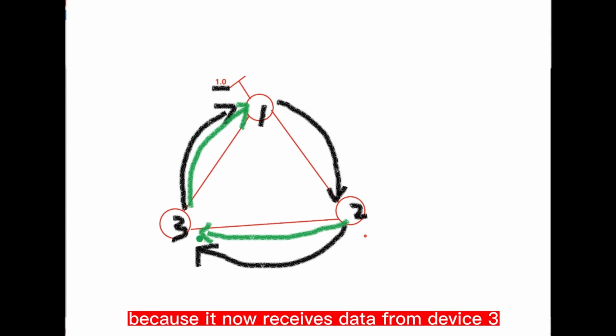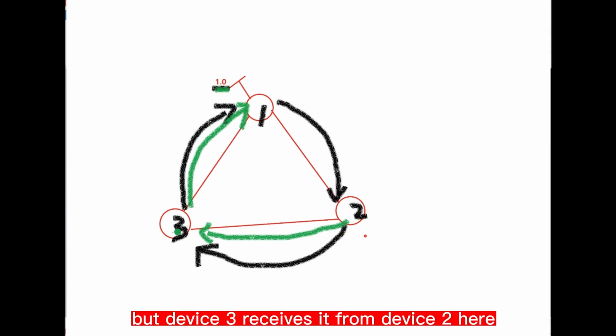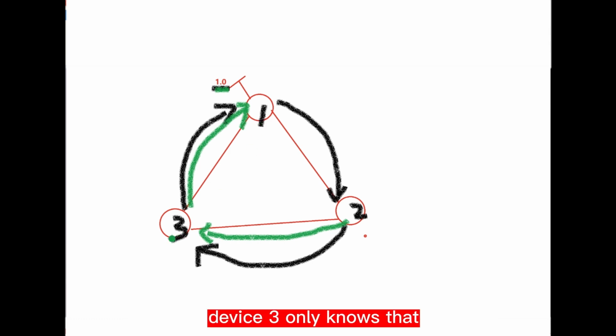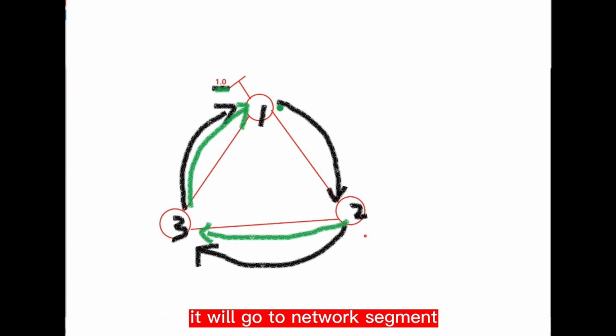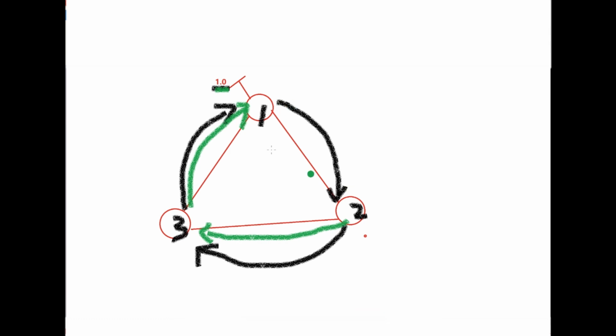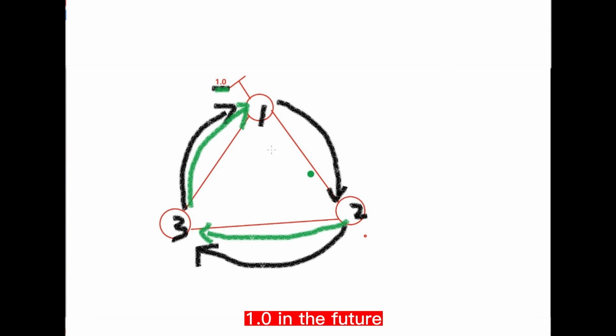Because it now receives data from device 3, but device 3 receives it from device 2 here. Device 3 only knows that it will go to network segment 1.0 in the future, so it will find device 2. Device 1 also knows that it will find device 3 when going to network segment 1.0 in the future.